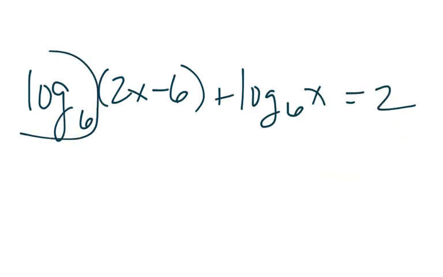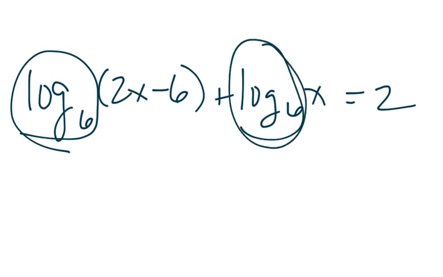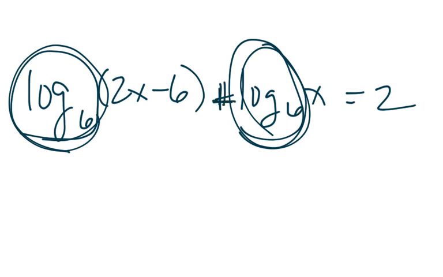Here's another one. Notice, what do you see here? The log base 6 on both sides. Oh, but these are on the same side, aren't they? Let's use our properties. If this is a plus sign, then that means we can multiply these together, can't we?